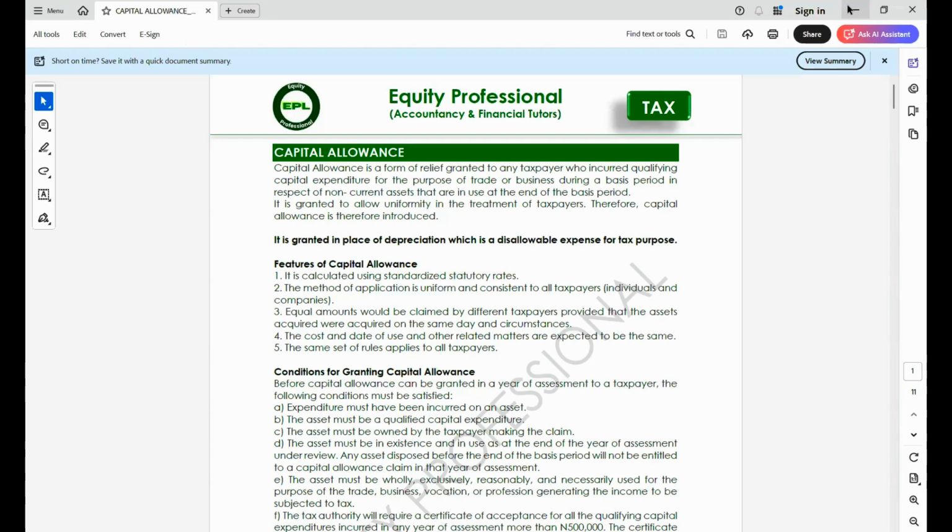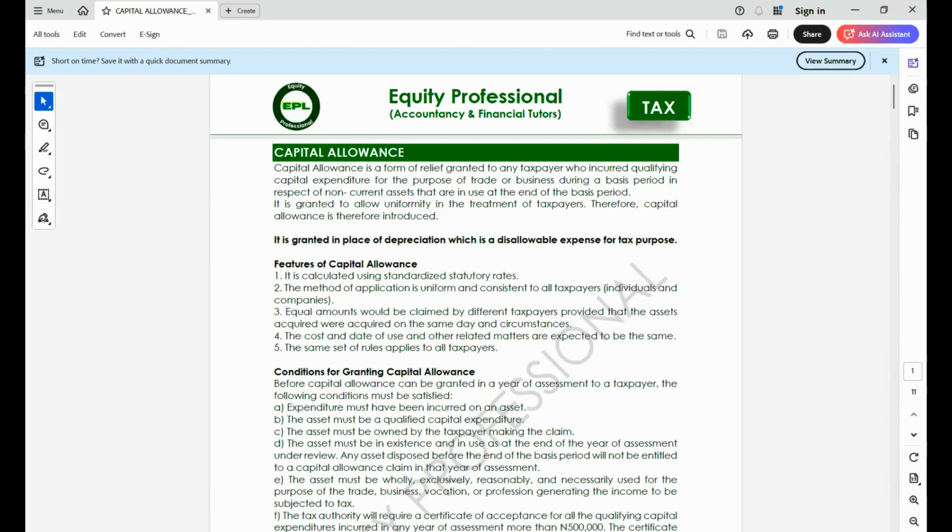So when you are preparing your computation of tax liability, anytime you see depreciation, depreciation is a disallowable expense. It is disallowed because you are going to be granted capital allowance. In essence, capital allowances are the relief granted to replace your depreciation.